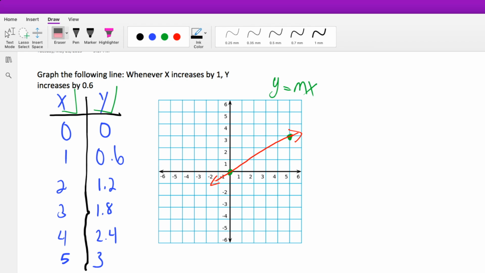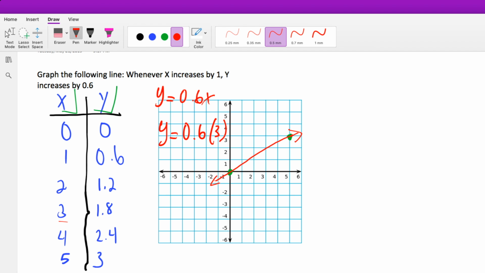Okay, y equals 0.6x. Let's pick any x value. I'm going to pick 3, okay? y equals 0.6 times 3. And when we multiply this out, we get 1.8.